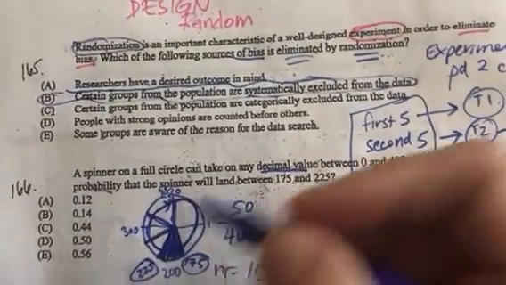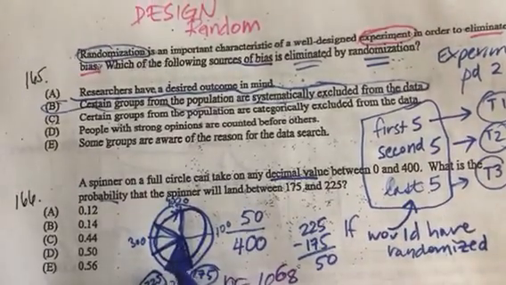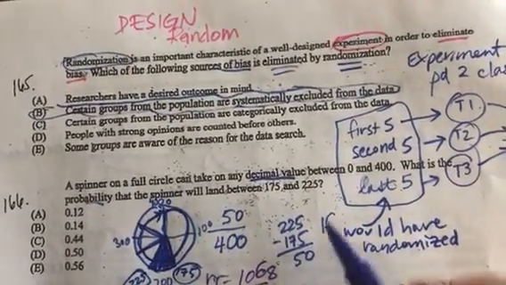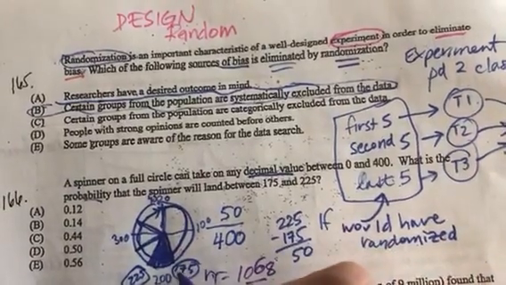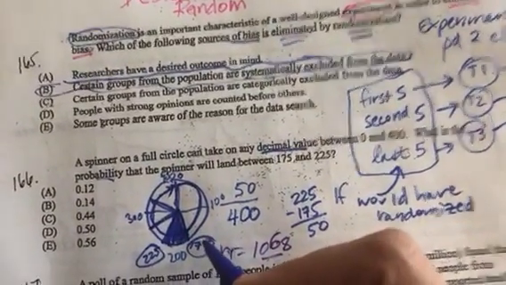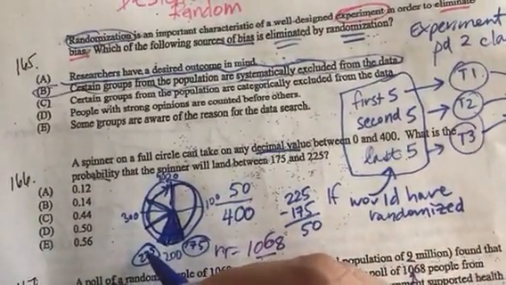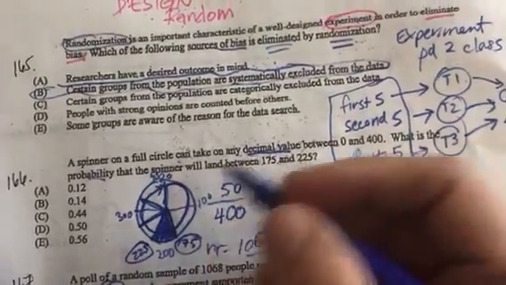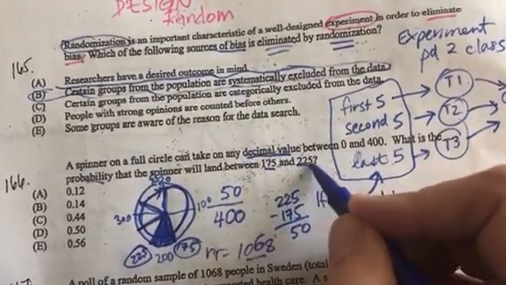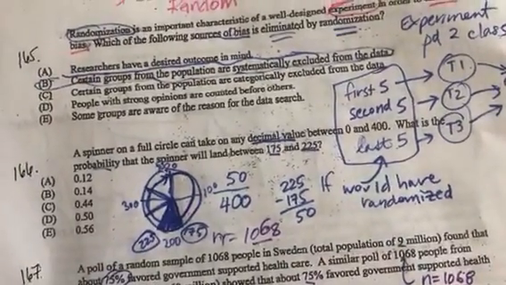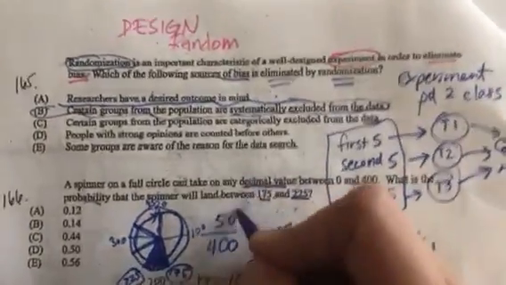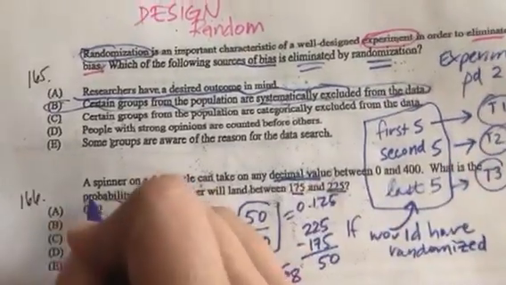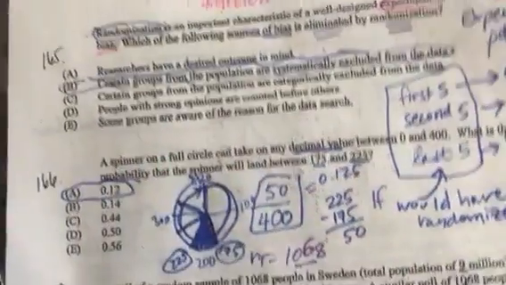So if we think of those as tiny little slivers, there's 50 tiny little slivers that are numbers ranging from 175.0001 going all the way up to 224.99999. Any number, even a decimal, ranging between those numbers. When I do this fraction, I get 0.125, and I'm definitely going to pick A.